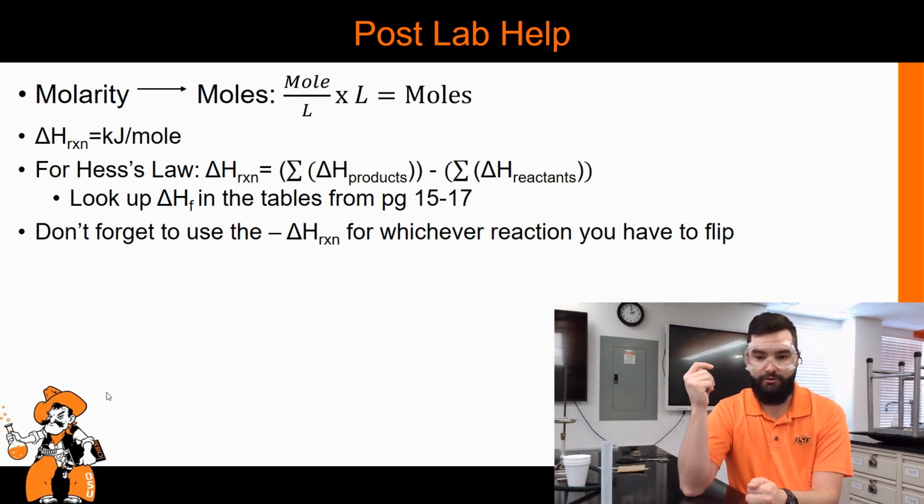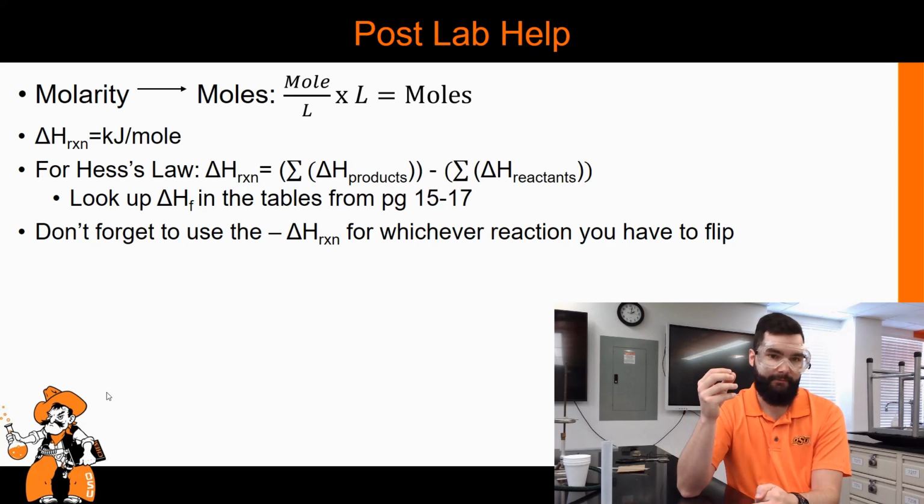For part 2, calculating delta H, just know that delta H is given in kilojoules per mole. So how many moles of sodium chloride were produced in the reaction?